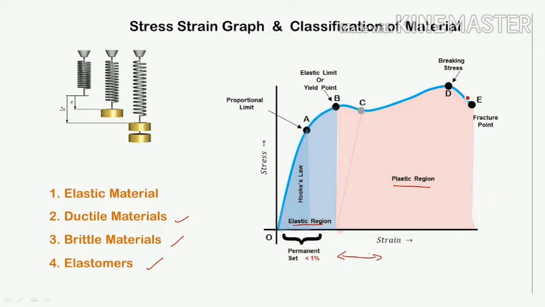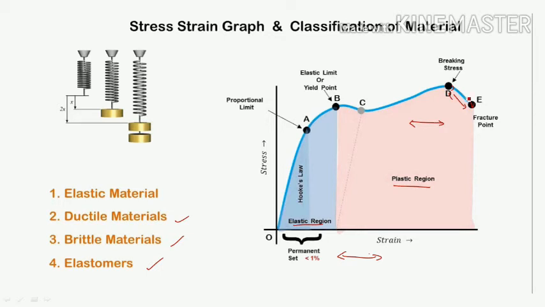And the difference: point D is the breaking stress, and point E is the fracture point. At point D, the material is ready to fracture, and point E is the actual fracture point. If these 2 points are widely spaced, then the material is known as a ductile material.